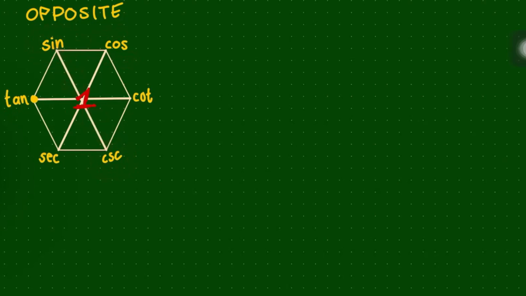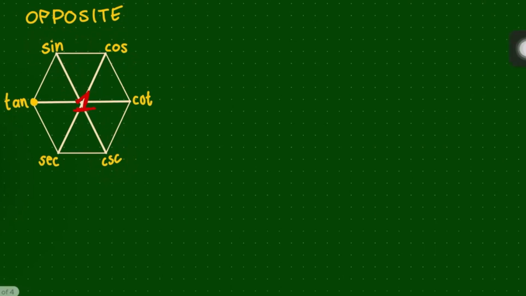We multiply sine and cosecant, it becomes sine theta cosecant theta equals 1. The same process goes with cosine and secant. We go in this direction. Same process goes with tangent and cotangent.